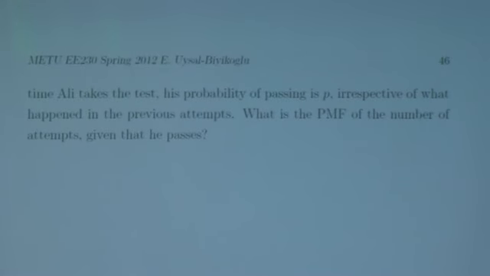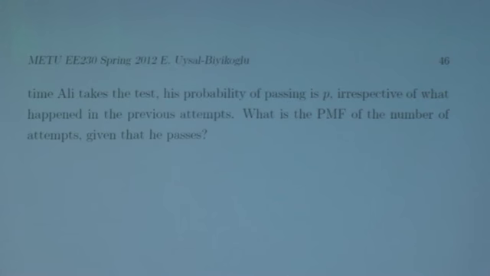But the problem is he's only allowed n attempts to take the test. So if he does not pass any of his first n attempts, he will have to quit without getting his license. The question is, what is the PMF of the number of times Ali takes the test?